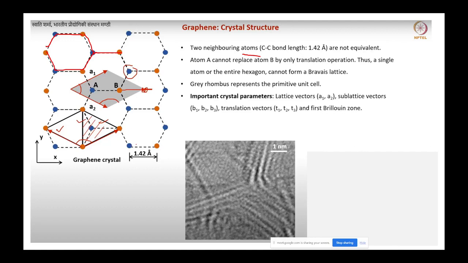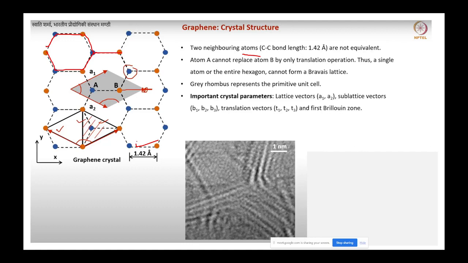The atoms are not equivalent. Atom A cannot replace atom B by only one translation operation. Thus, a single atom or the entire hexagon cannot form a Bravais lattice.